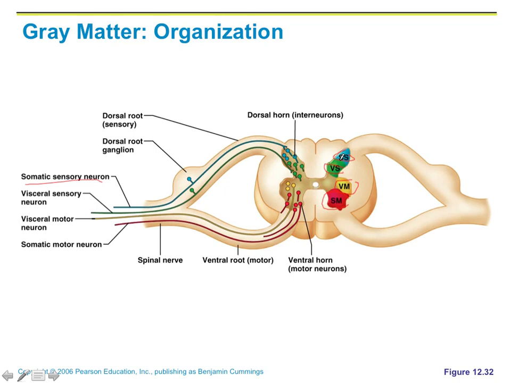The somatic sensory neurons only detect the surface of the limbs, sensations such as temperature, touch, pain, vibration.